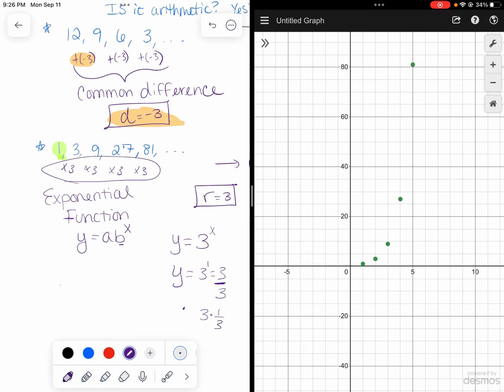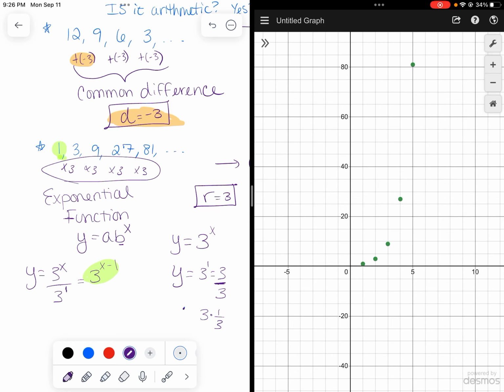So if I really took 3 to the x and divided it by 3, I could clean that up a little bit and say, okay, well, this is a power of 1 in the denominator, and then what happens to my exponents when I'm dividing? I subtract. So this is actually 3 to the x minus 1 power. So if I take that as my equation, we want to see if that holds true for the rest of the terms.